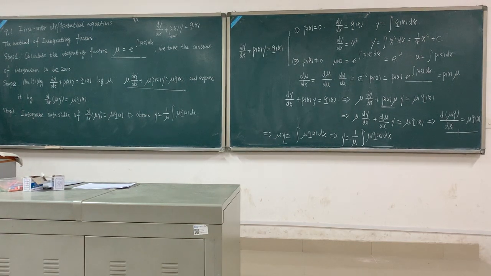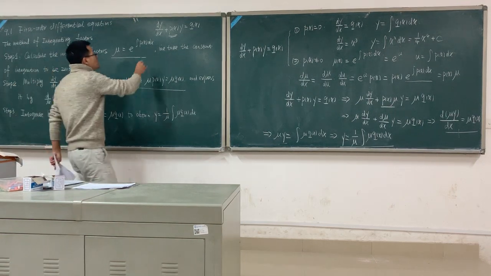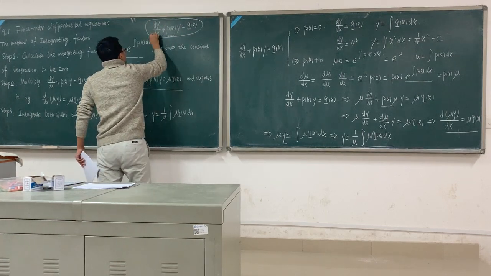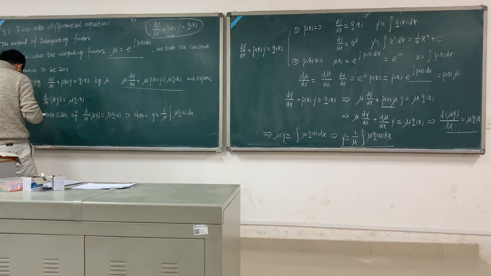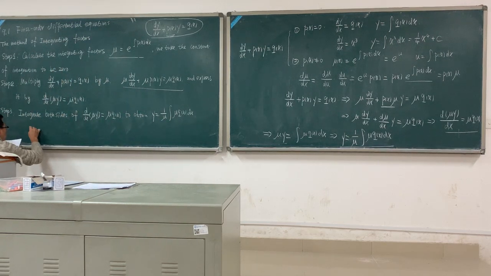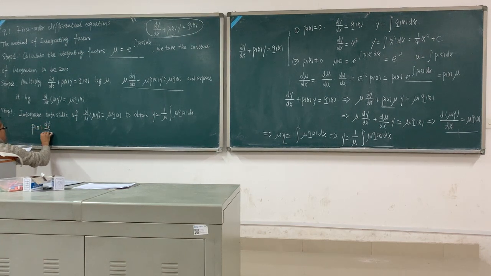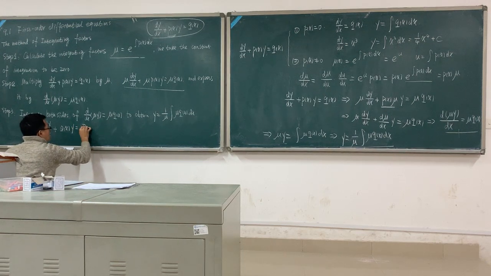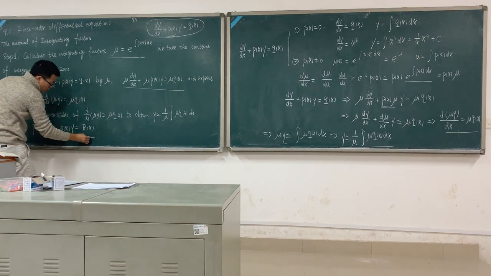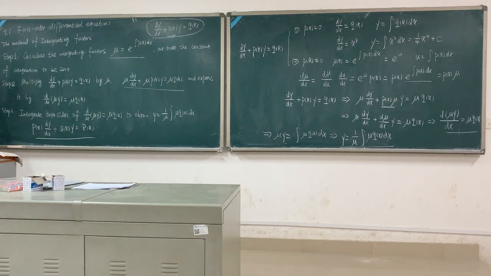So now we have a question. For example, if we have an equation like this, capital P(x) dy/dx plus capital Q(x)y equal to R(x), how to find the general solution of this equation?